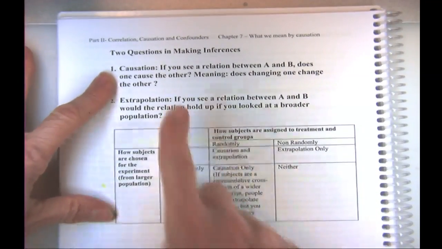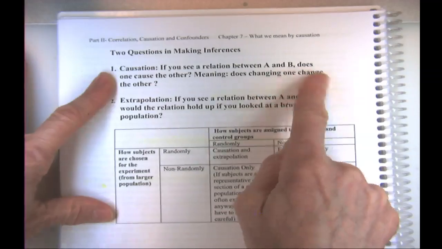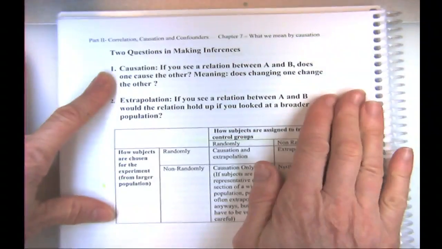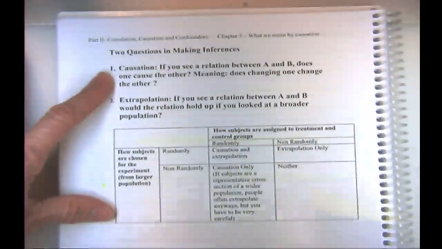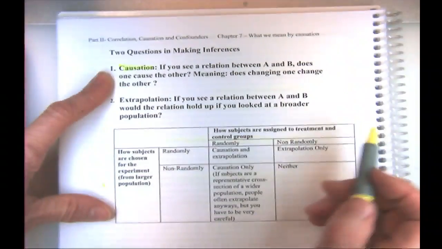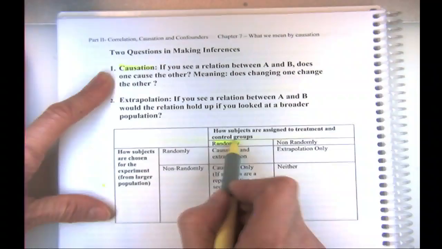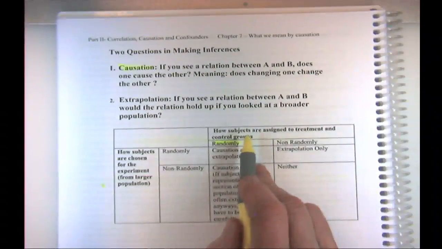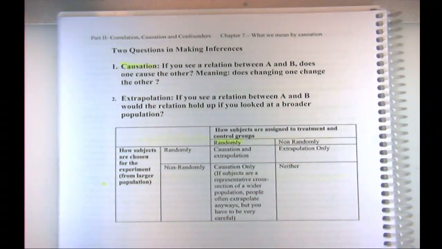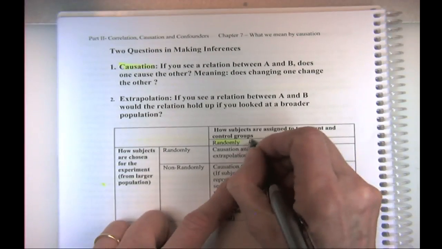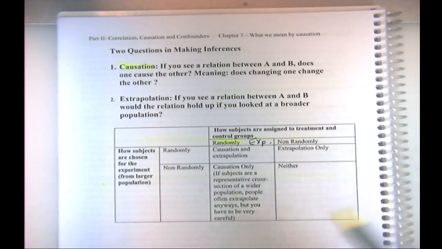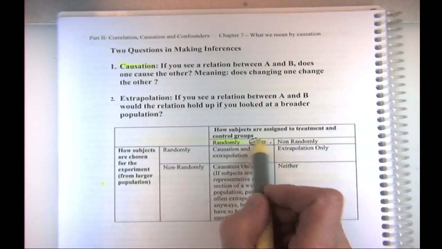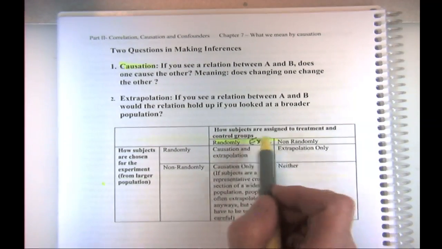One you can think of as causation. If you see a relationship between A and B, does one cause the other? Okay, does one change that? We talked about that. And this causation, you get at through a randomized experiment. It's how the subjects are assigned. That's how you get the causation, through a randomized experiment. An experiment where you make the assignment, okay? You make an assignment.